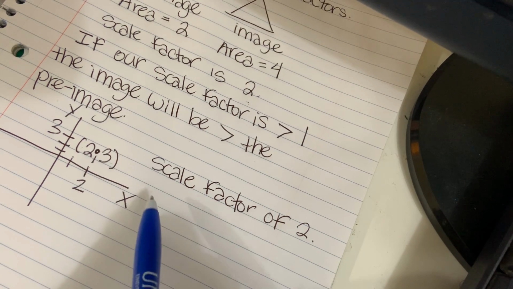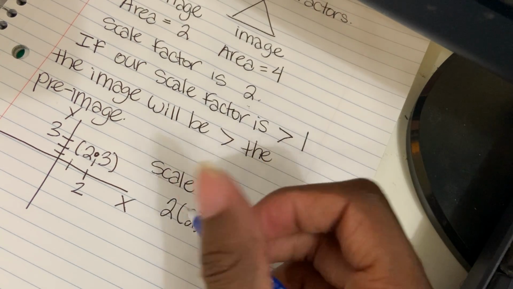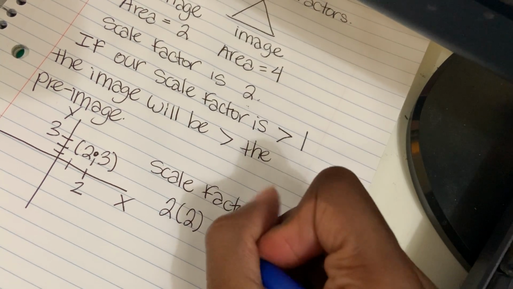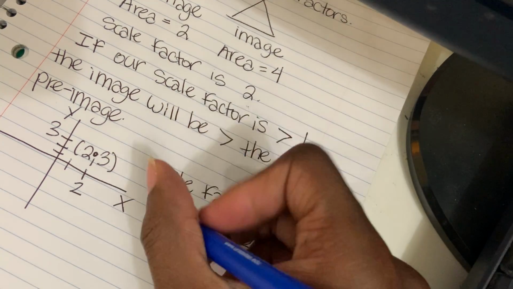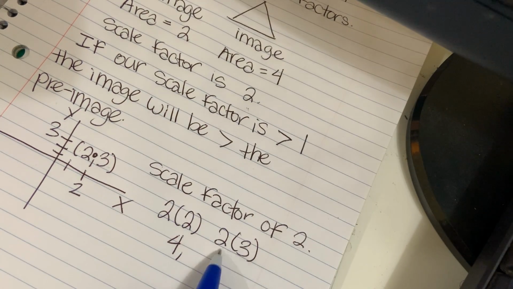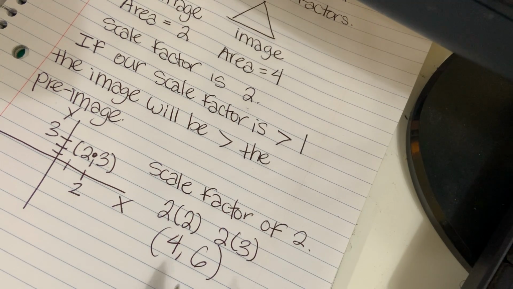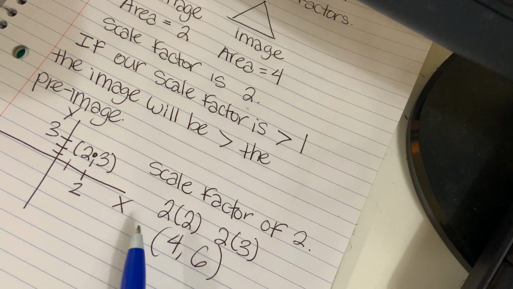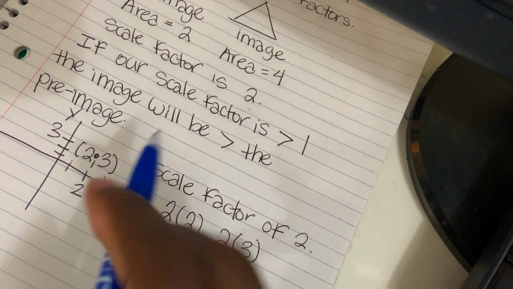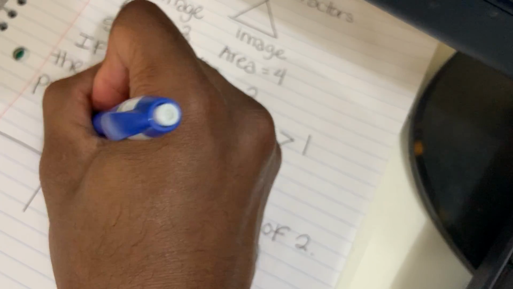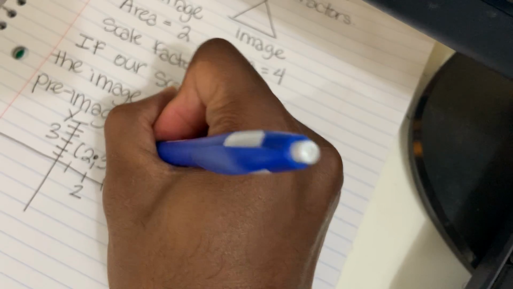So if this is our pre-image, our image is going to be 2 multiplied by 2, and then 2 multiplied by 3. So our image is going to be located at 4, and then 2 multiplied by 3 is 6. So our image is going to be located at 6, 4.